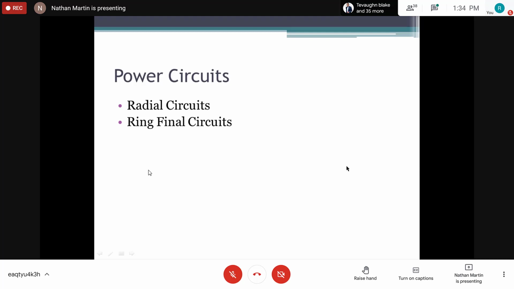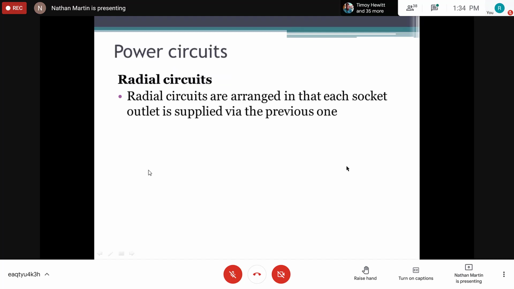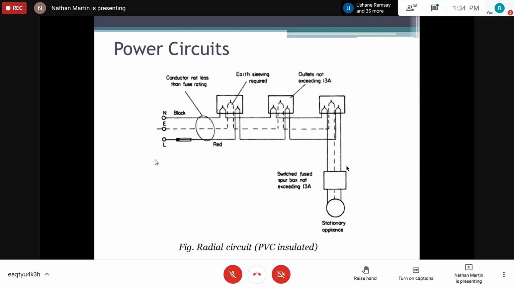So look at this pictorially, right? We say radial circuits are arranged so that each socket outlet is supplied via the previous one, right? So this also uses a looping method, and this is shown here.